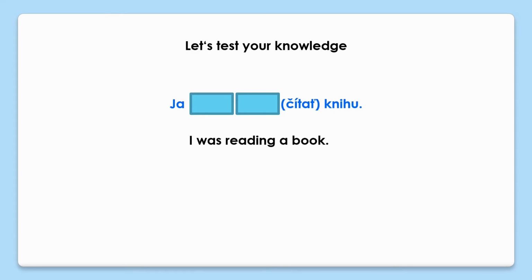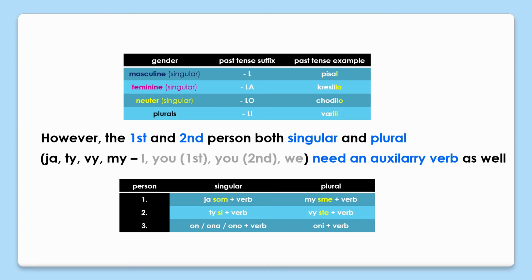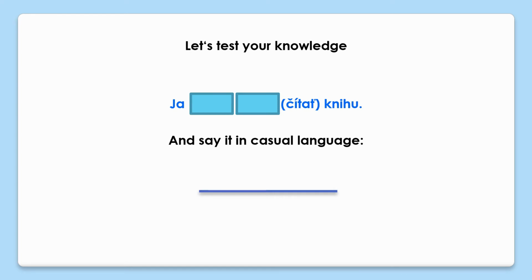I was reading a book. Let's fill the blank spaces. And let's use the masculine. Ja som čítal knihu.